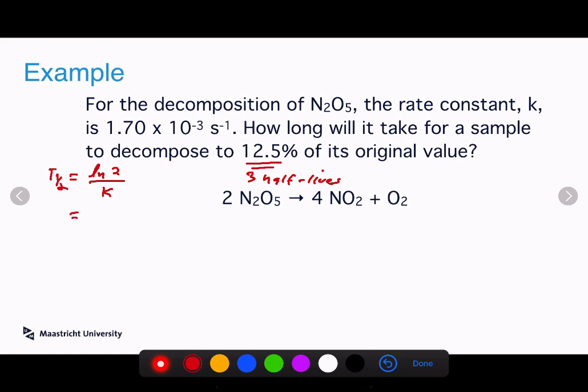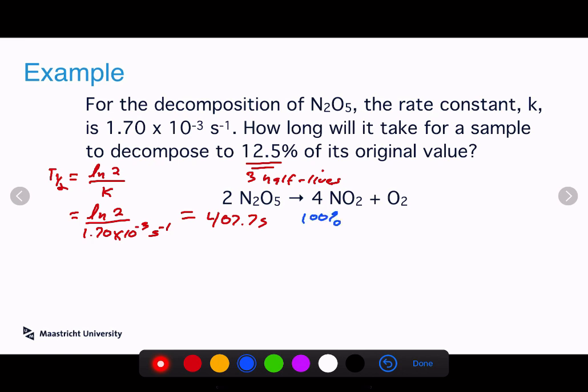So that's equal to the natural log of 2 over 1.70 times 10 to the minus 3 inverse seconds. And when I calculate that out, I get a half-life time of 407.7 seconds.